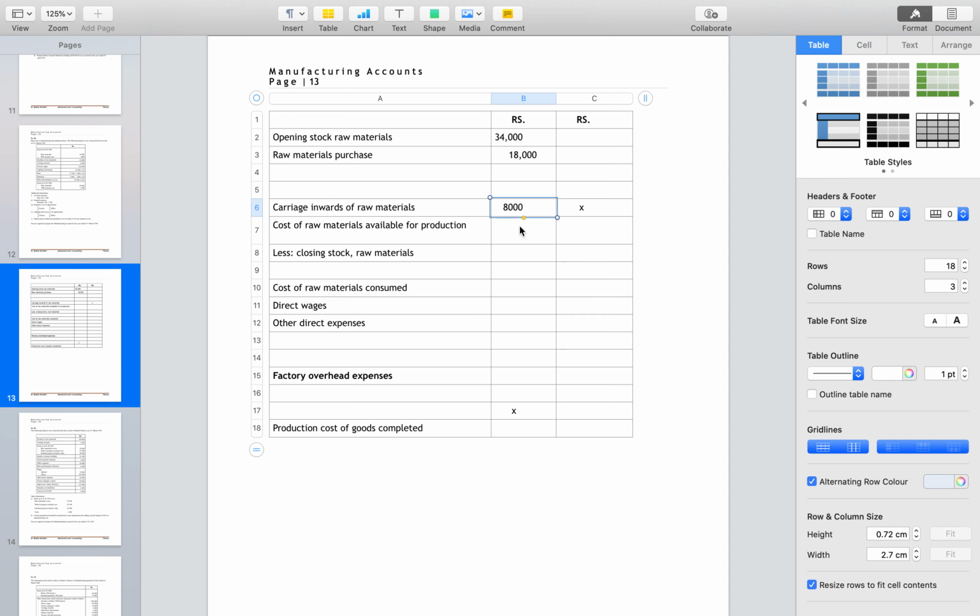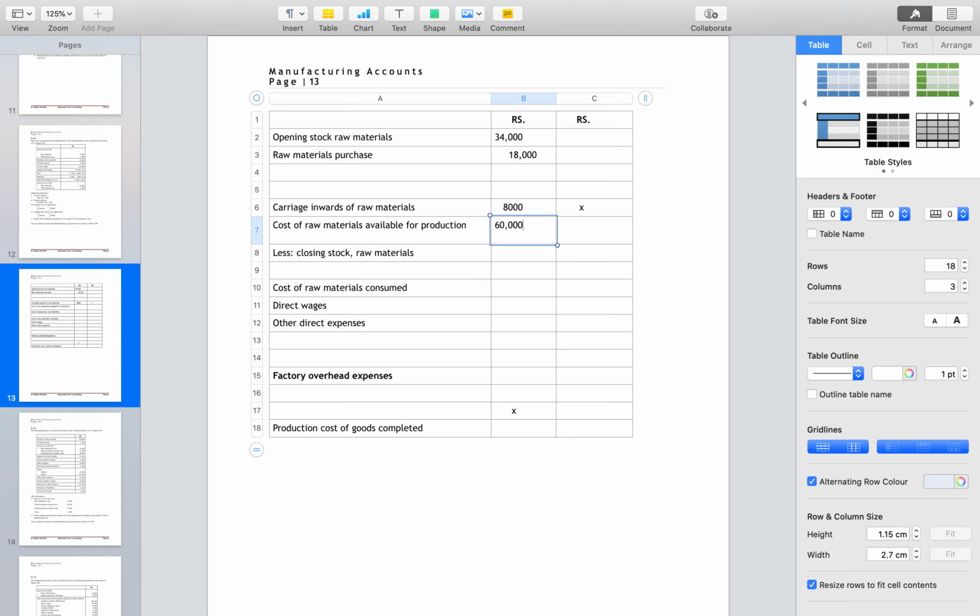Now we can calculate our cost of raw materials available for production. Remember, always this and this as well as the carriage inward should always be added. So you add and mark your answer over there. That is now going to be 60,000 rupees.